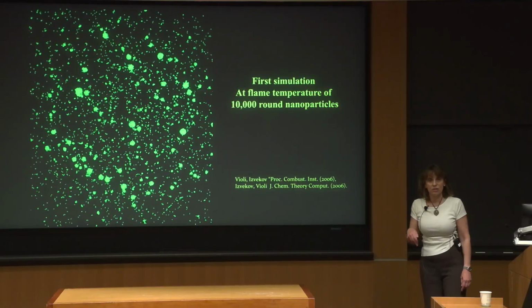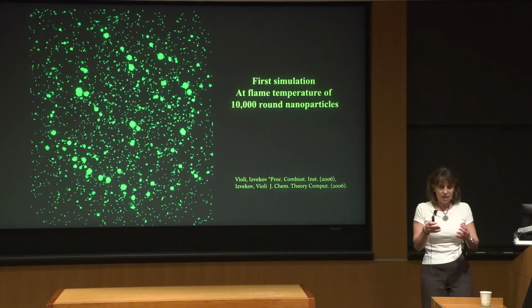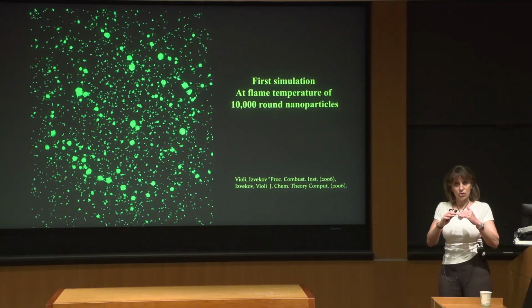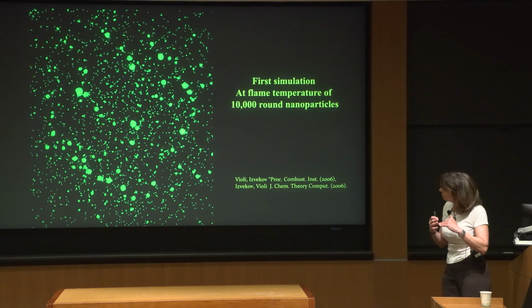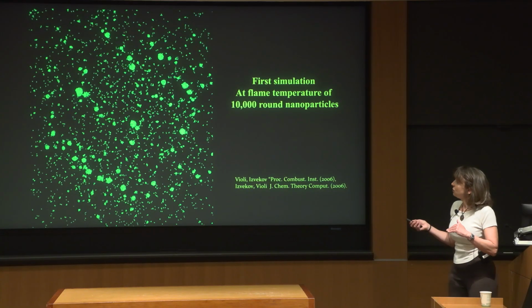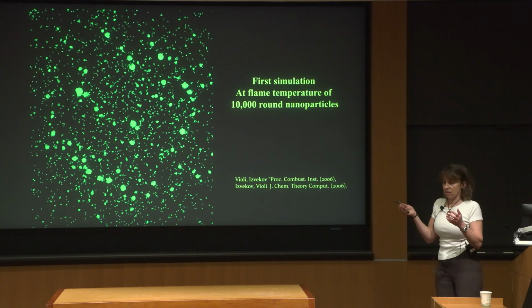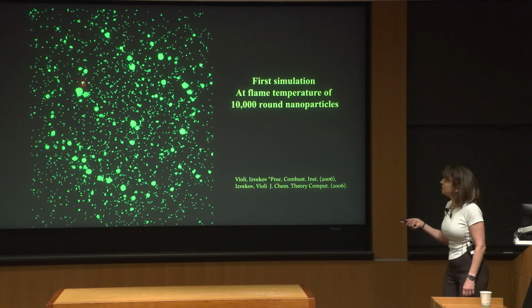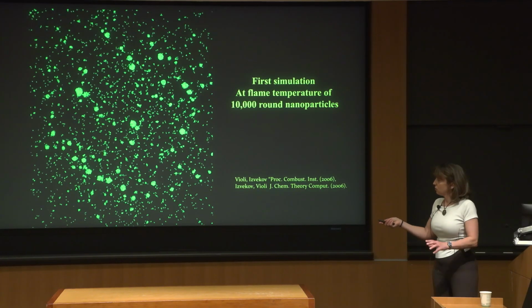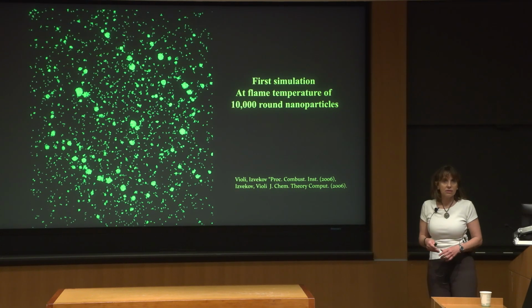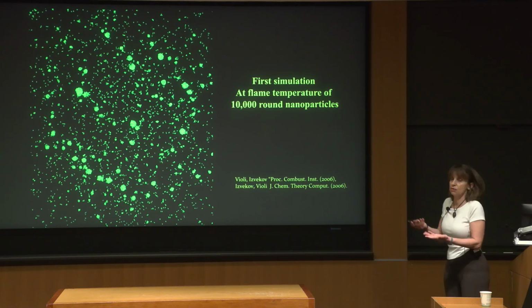What we wanted to understand is how those nanoparticles that you just saw, now you have 10,000 of those, get together and agglomerate. You can see the transition from those individual subclusters to those bigger primary particles for the soot formation.